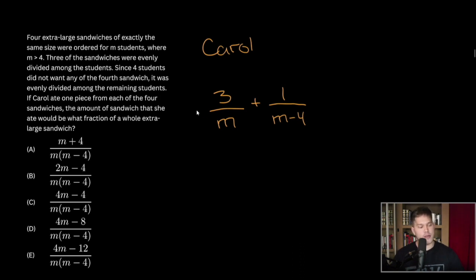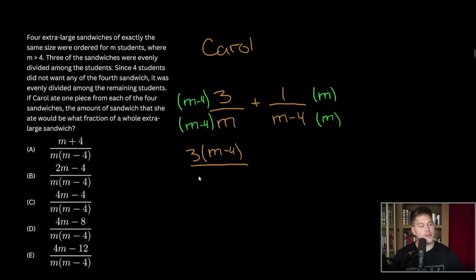So let's multiply this first fraction by m minus 4 in both our numerator and our denominator. And let's multiply this second fraction by m in our numerator and our denominator. Once we do that, we have 3 times m minus 4 over m times m minus 4, and we will add that to 1 times m is m over m times m minus 4.